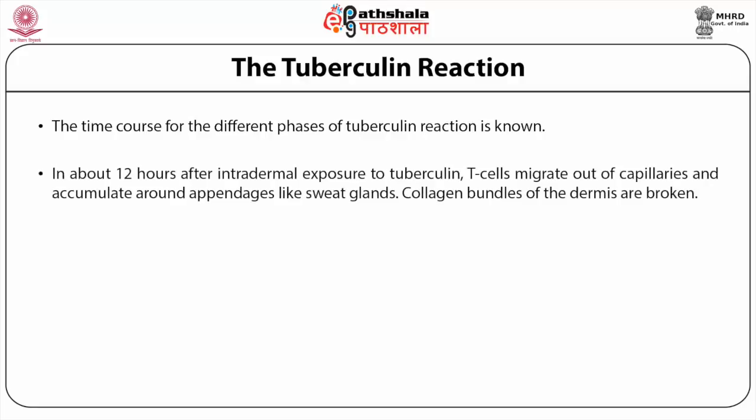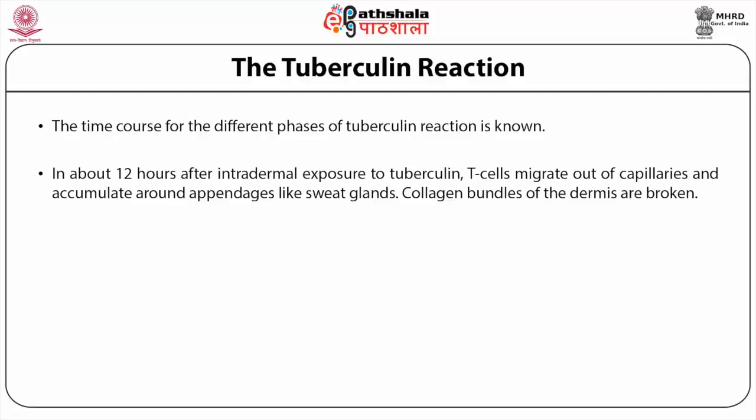In about 12 hours after intradermal exposure to tuberculin, T cells migrate out of capillaries and accumulate around appendages like sweat glands. Collagen bundles of the dermis are broken. By 48 hours, CD4 positive cells outnumber CD8 positive cells by a ratio of 2:1.